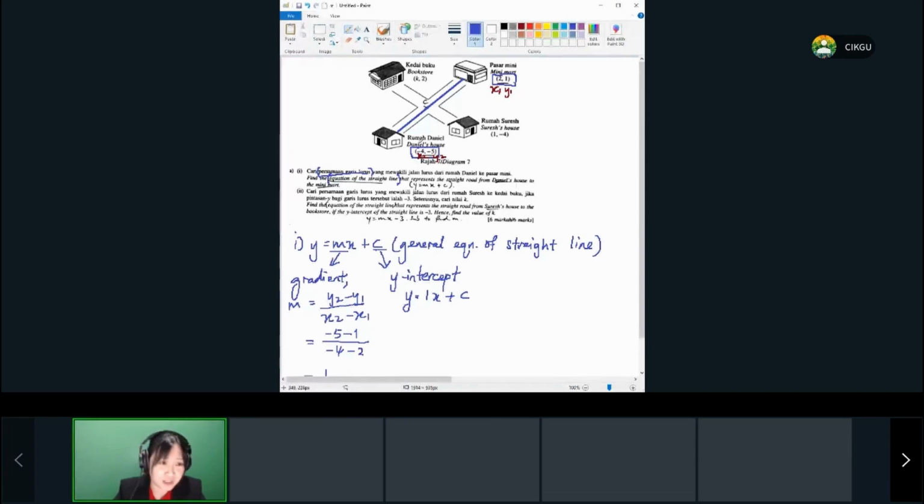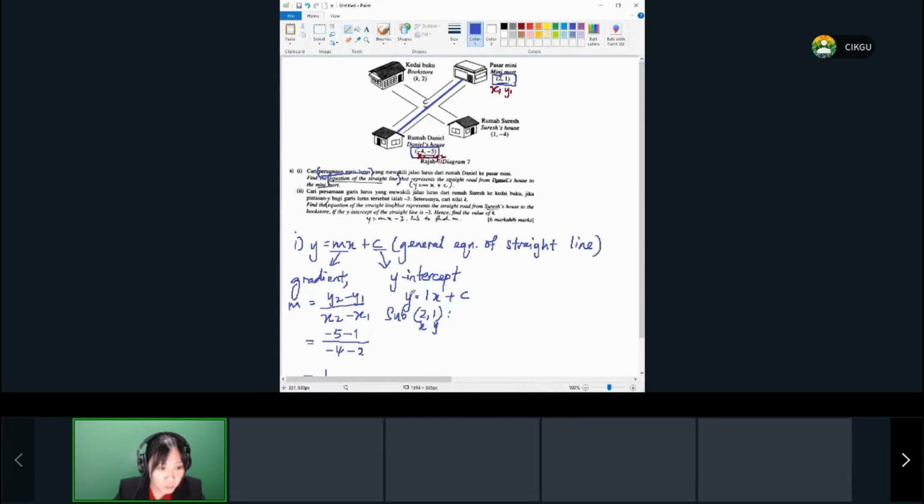I'm sure for those who did this question from your side, some of you substituted Daniel's house, some of you substituted Minute Mart. For me, I'm just going to go for Minute Mart, because the numbers are very easy. 2 and 1. So I write here, substitute 2 and 1 into the x and y. Obviously, 2 is the x value, 1 is the y value.